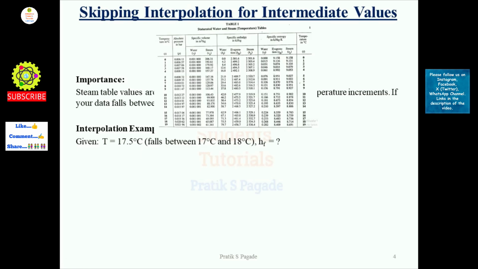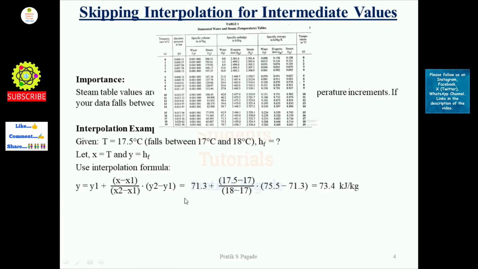For that we need to use a formula. Let's consider x is equal to T and y is equal to hf. So let's use the interpolation formula, which is y is equal to y1 plus (x minus x1) upon (x2 minus x1) into (y2 minus y1).